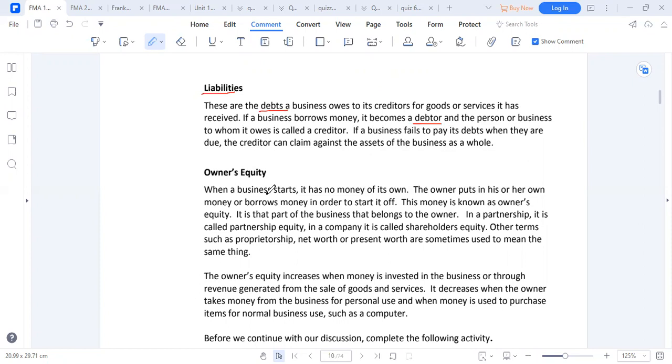All these are current liabilities. We also have long-term liabilities that will take a period of time to be paid. We have bonds, debentures, and huge bank loans.